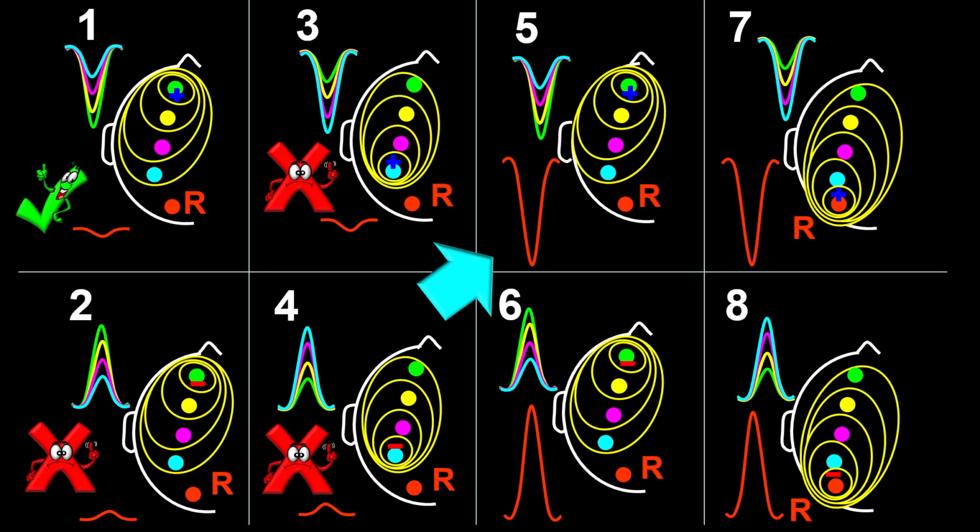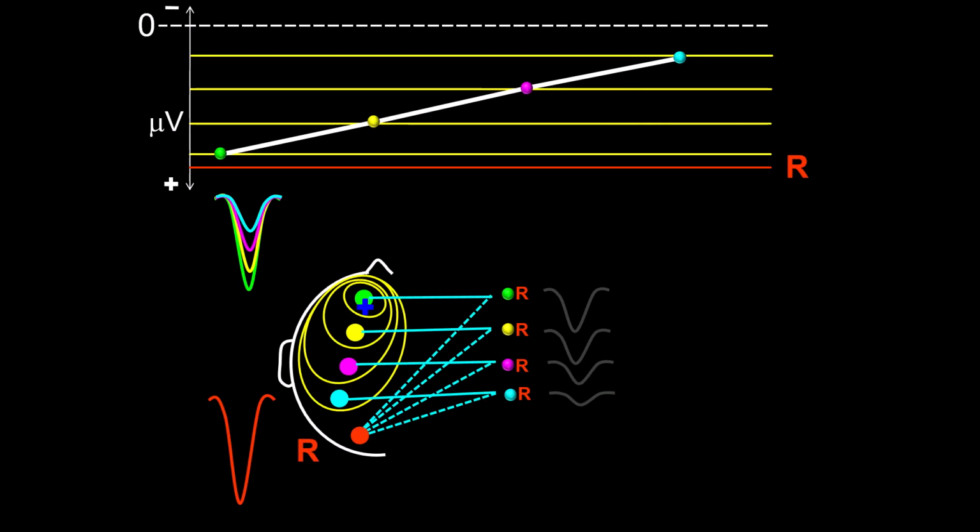Now we must consider option 5. In this case, we're dealing with a frontopolar positive field reference to the maximum positivity. This frame represents the frontopolar positive field in an isopotential map and the maximal positive reference.